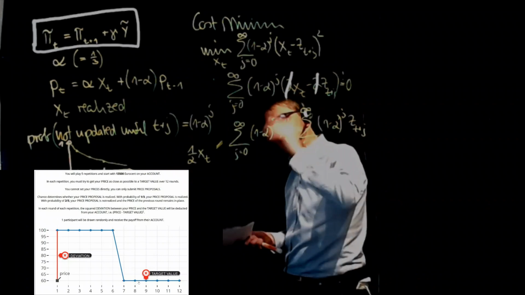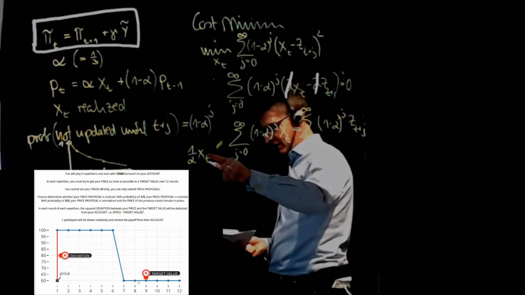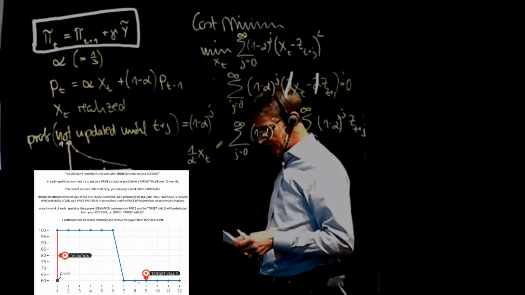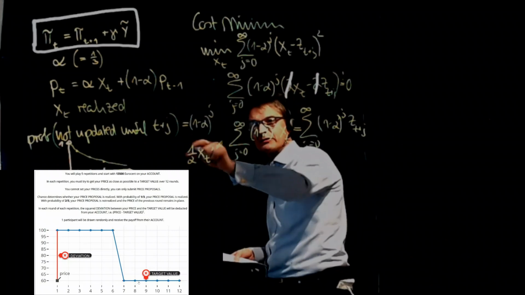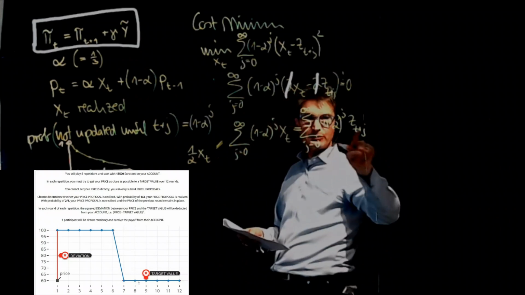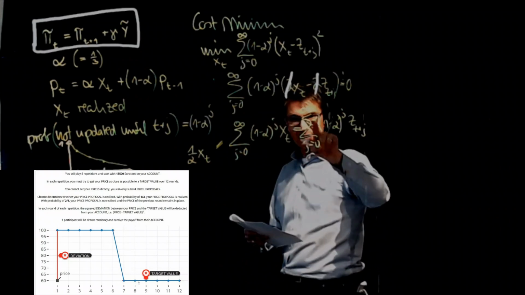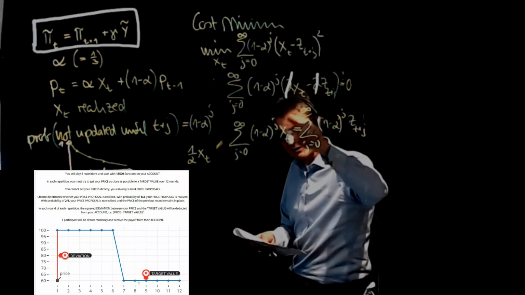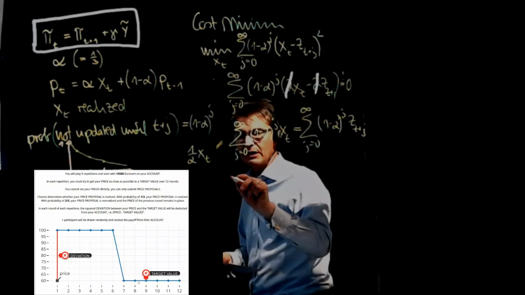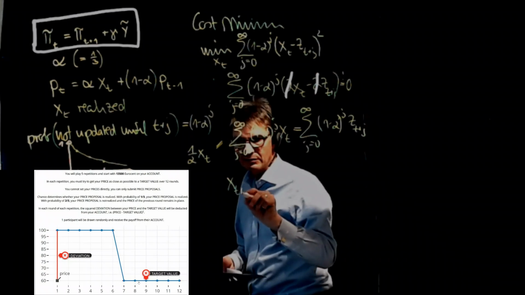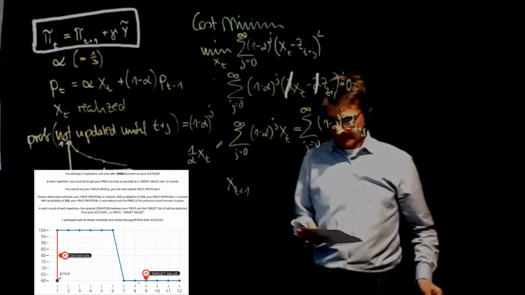Well, let me start the other way around. Now we have a formula for x_t here. So if we multiply with alpha, we get x_t equal to alpha times this sum. What do we know for x_{t+1}?